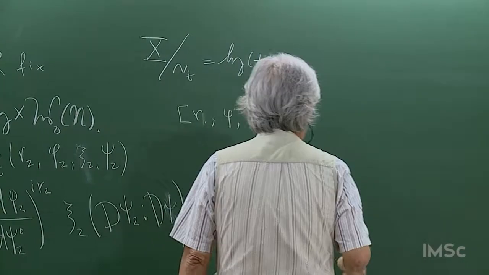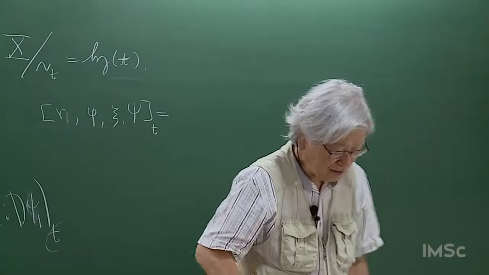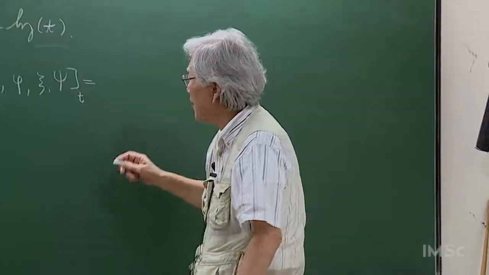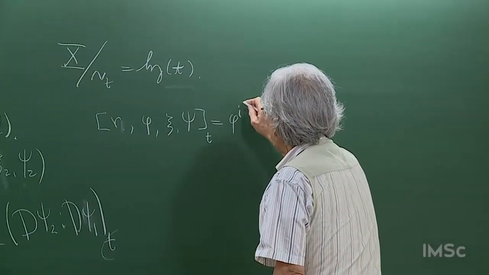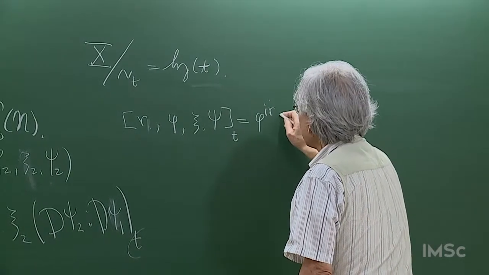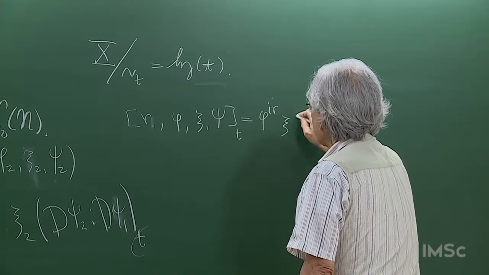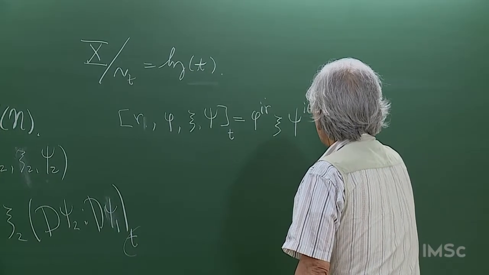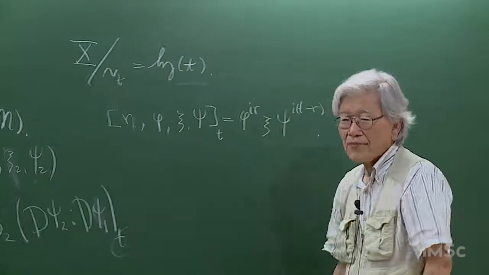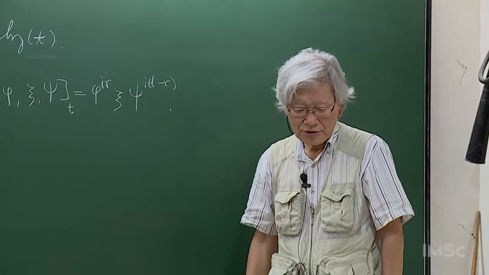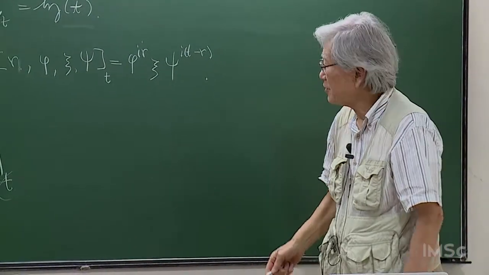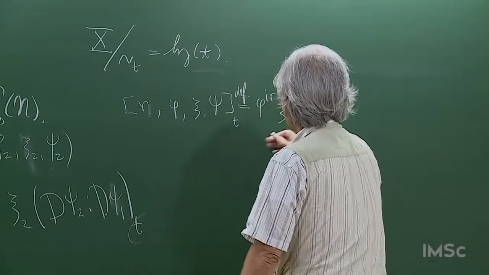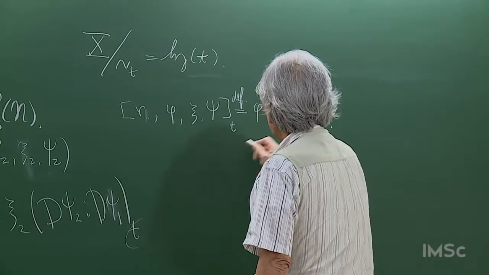We write this one as phi to the power IR, psi to the power I(T minus R). This is the way to group. This is the definition. So now phi IT.